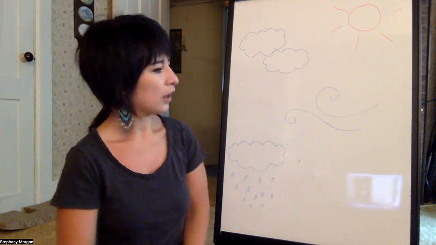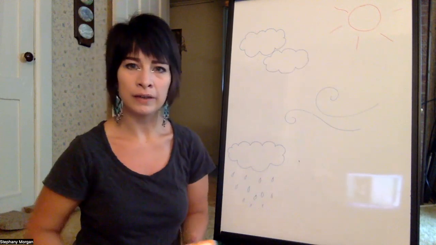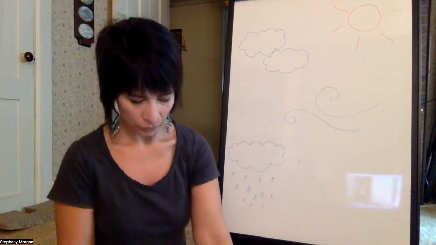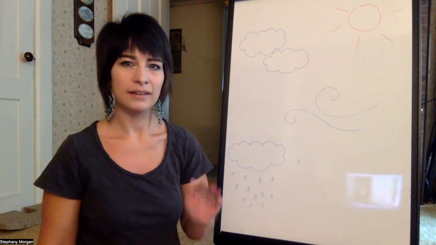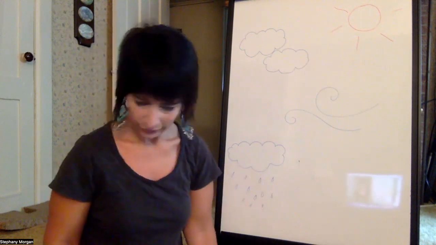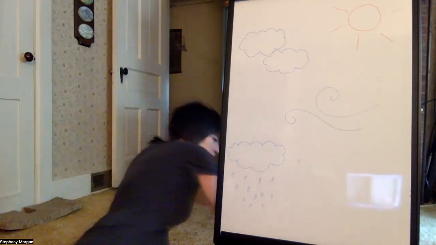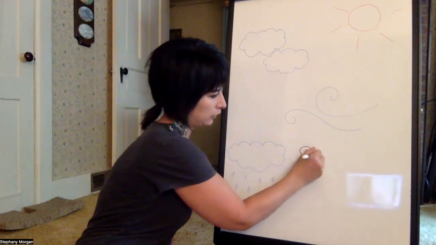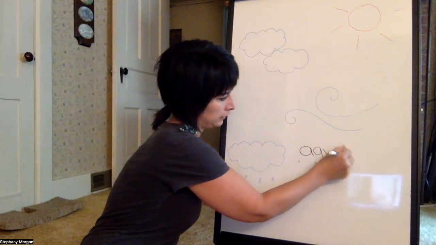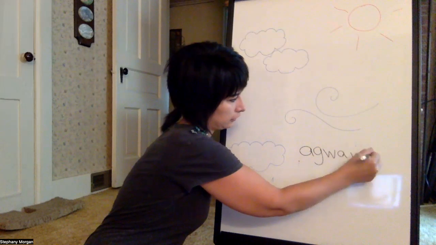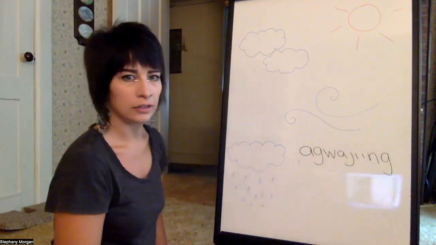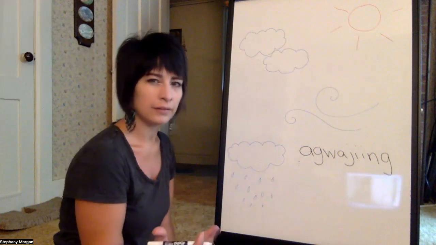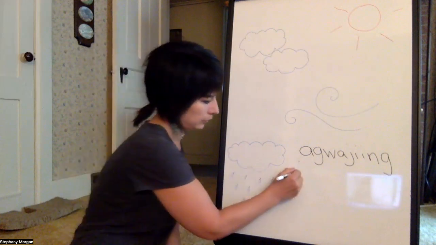All right, so our little song starts with the phrase, what is the weather outside? So we have anin ejuebak agwajing. The word for outside is agwajing. The word for what is the weather also translates to what is happening.